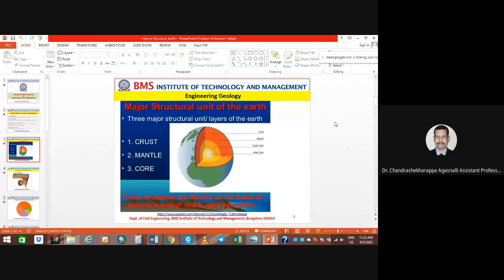The mantle can be classified into upper mantle and lower mantle, and the core is also divided into two parts: the outer core and the inner core.